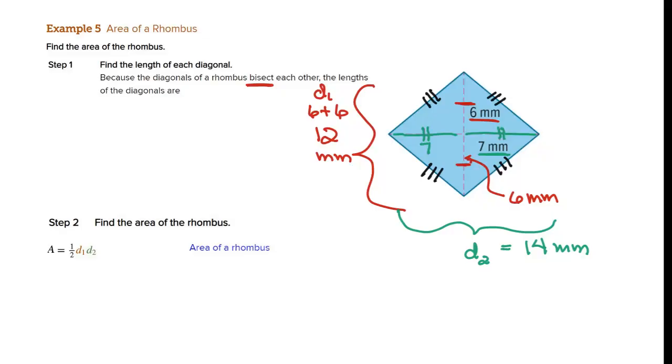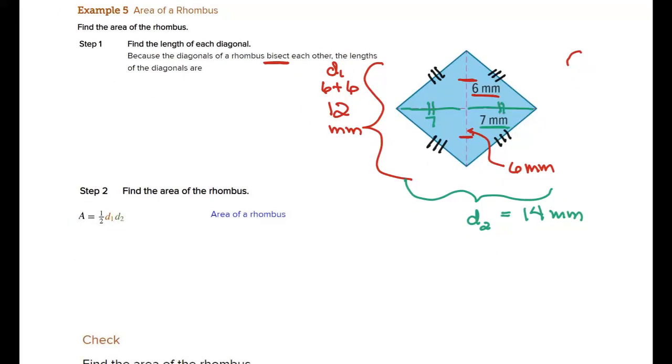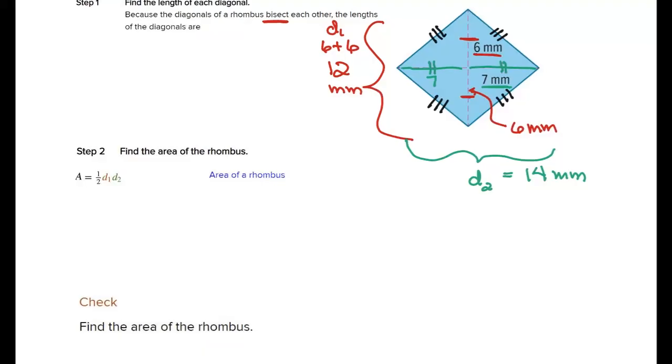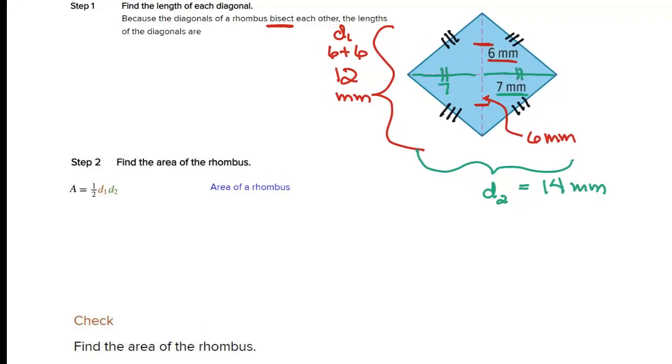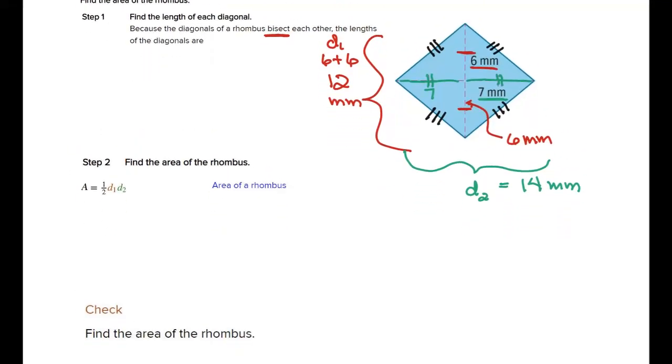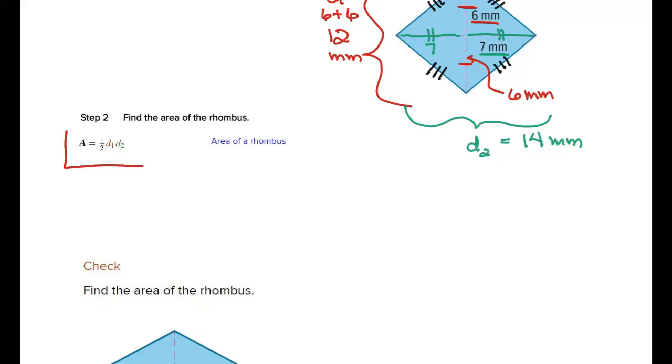And there's no difference between calling one diagonal 1 and diagonal 2. You just pick one, and that's the first diagonal, and then it's the second. All right, so now let's find the area of this rhombus. They already gave us the formula, so we're not going to rewrite it.